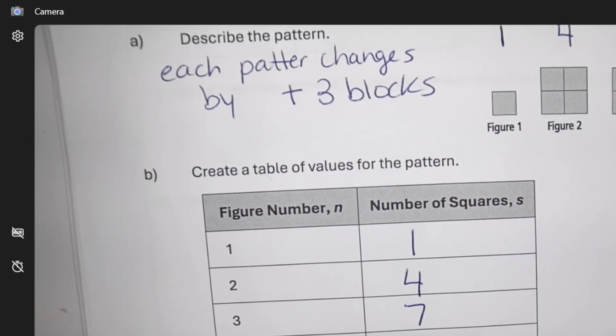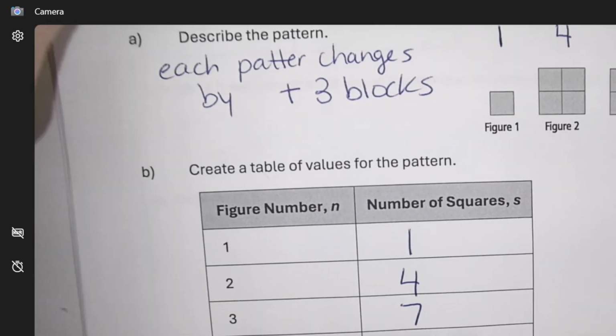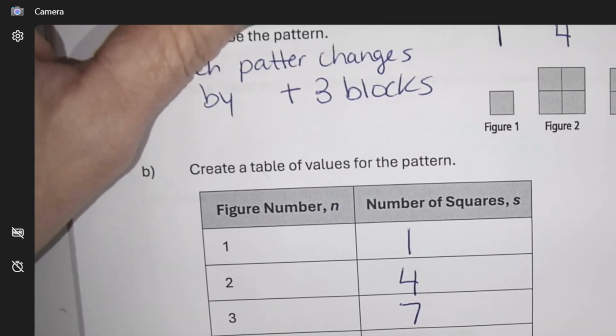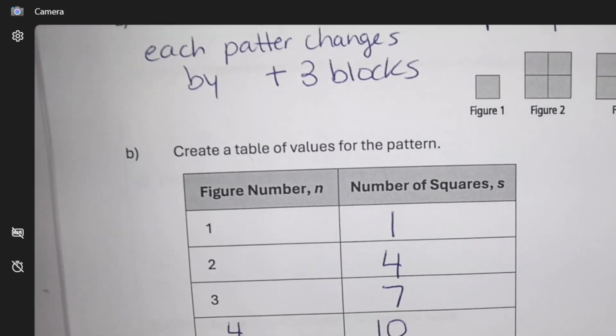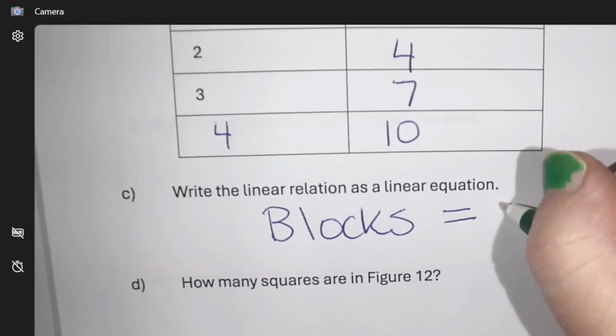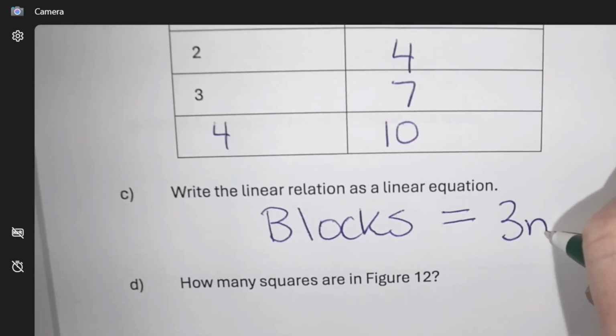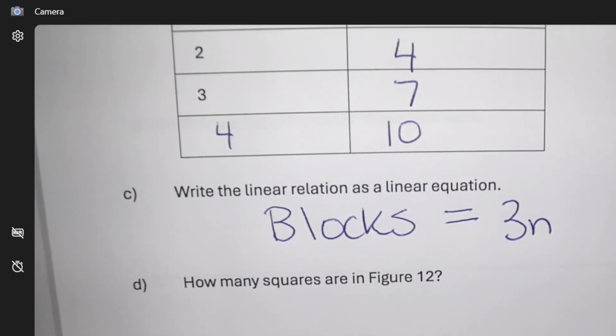Okay, so we have to make a linear relationship. So here I go. Blocks equals, so I have to do 3n because every time I was adding 3.